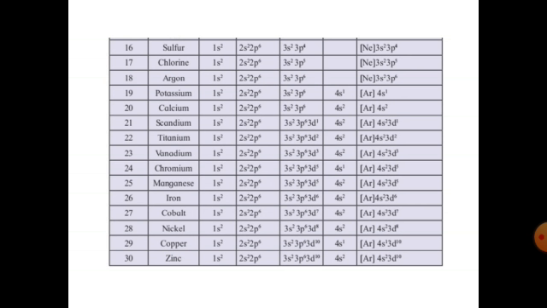So try to write the electronic configuration of these elements according to their atomic number, using the above principles, Pauli's exclusion principle, Hund's rule of maximum multiplicity, and also write the condensed electronic configuration. You can practice according to this chart.